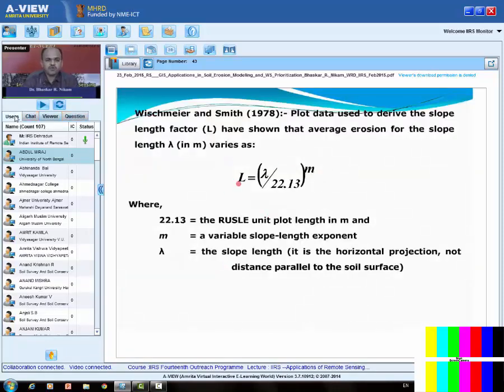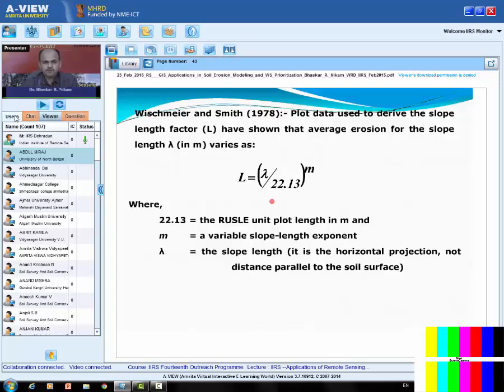Now this is the equation to calculate the slope length factor, where lambda represents the slope length, and 22.13 is the typical plot size using which the RUSLE model was developed. The RUSLE model is an empirical model, meaning it was developed using field observed data.